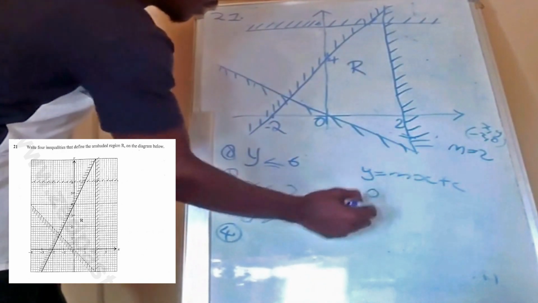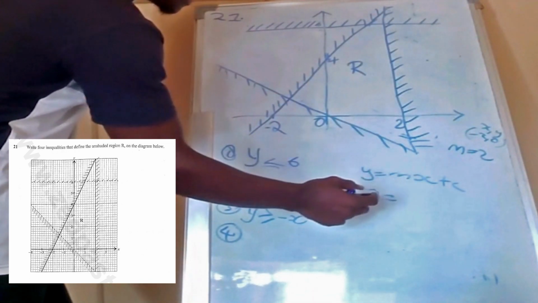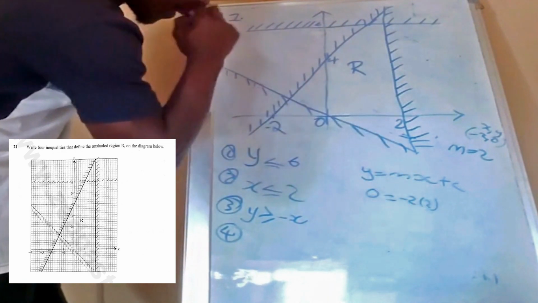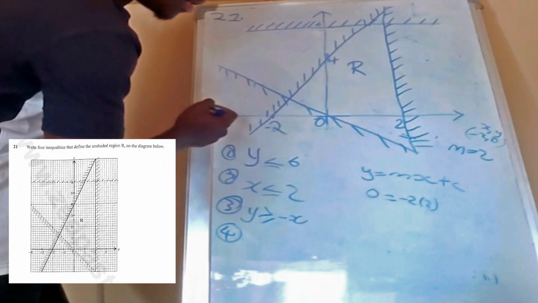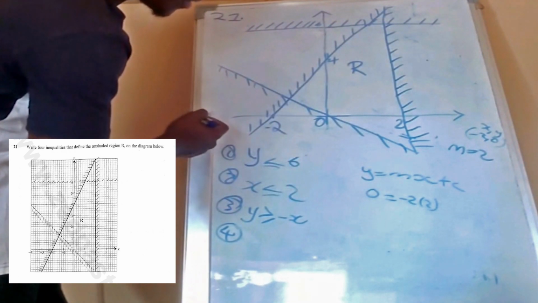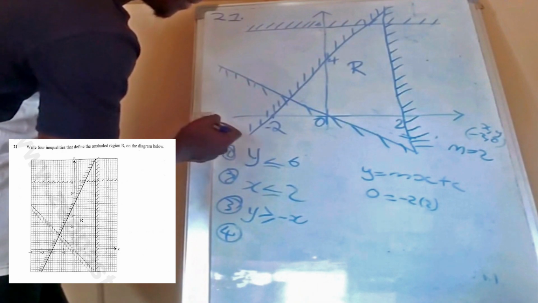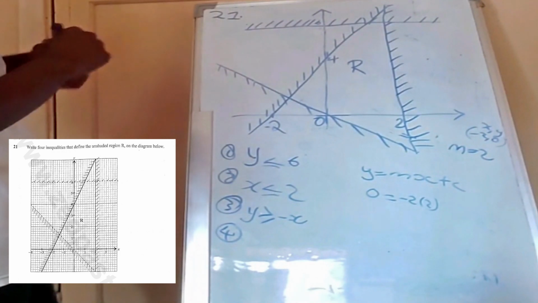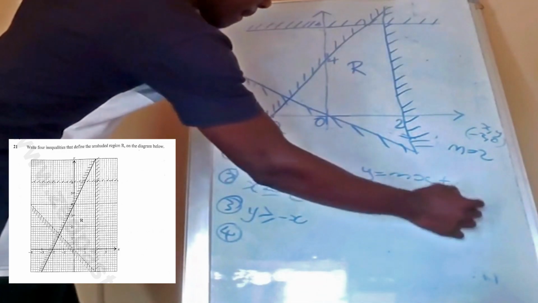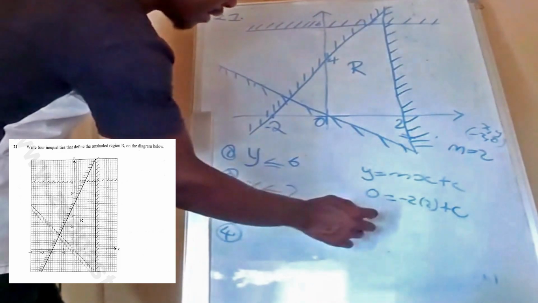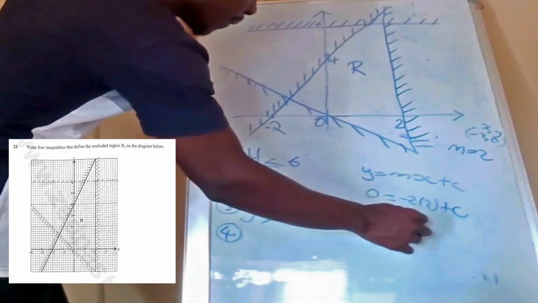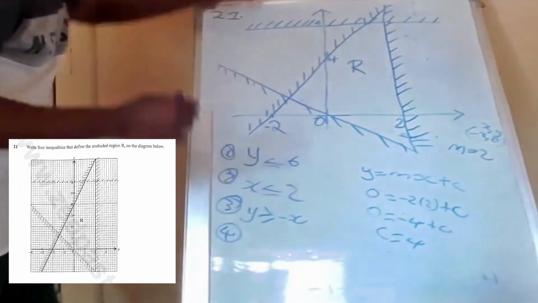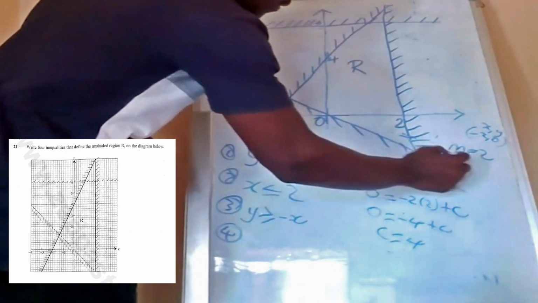Where there is y we put 0, and where there is x we put negative 2 multiplied by 2, plus c. Negative 2 multiplied by 2 gives us 0 equals negative 4 plus c. C is therefore equal to 4.